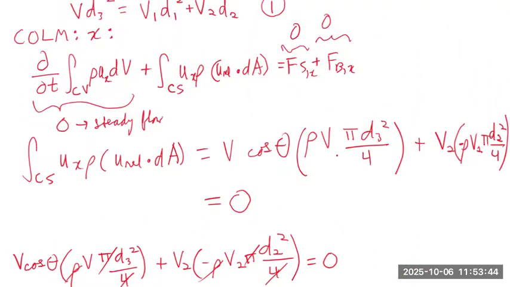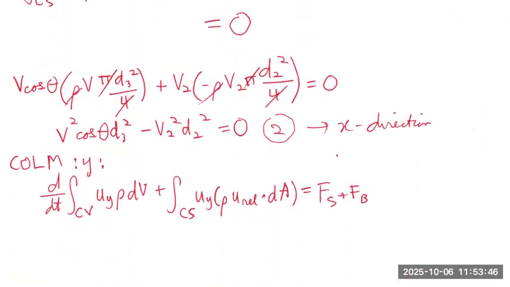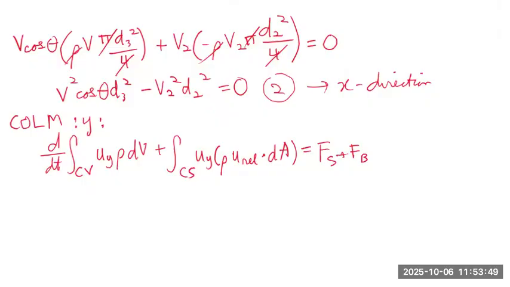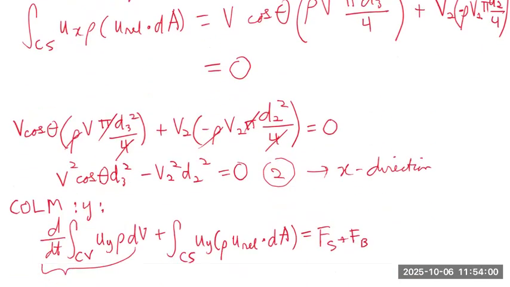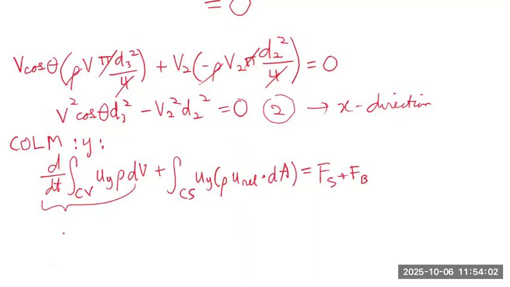Over here again, since this is steady flow, this term is 0 because no mass is accumulating in the control volume.